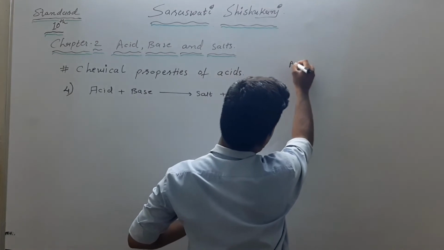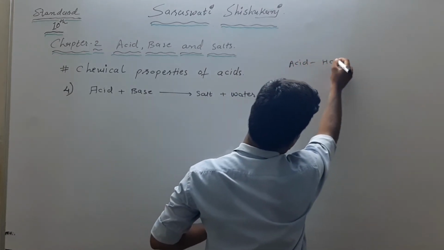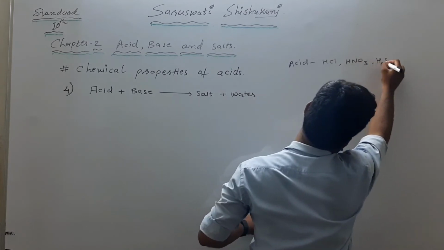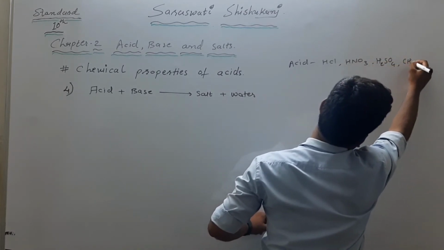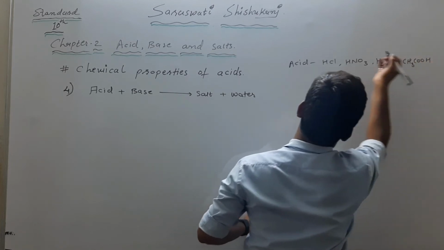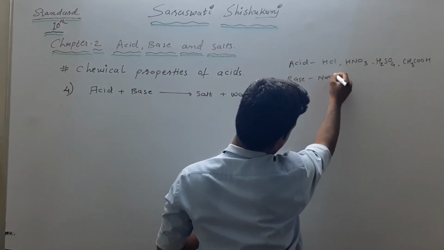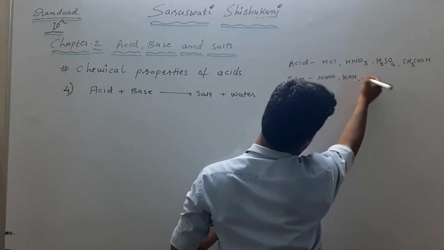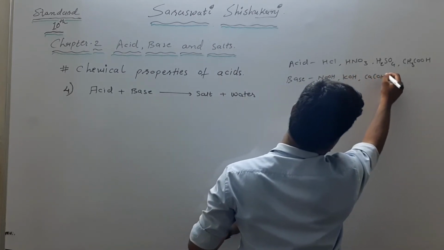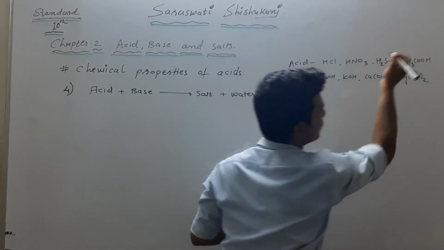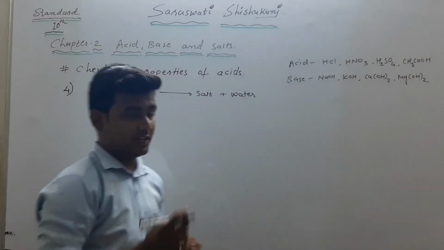Here we have written different acids like HCl, HNO3, H2SO4 or CH3COOH, and different bases: NaOH, KOH, Ca(OH)2 or Mg(OH)2, which is also known as milk of magnesia.